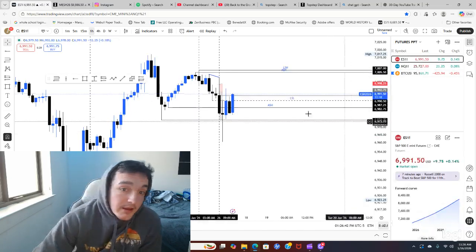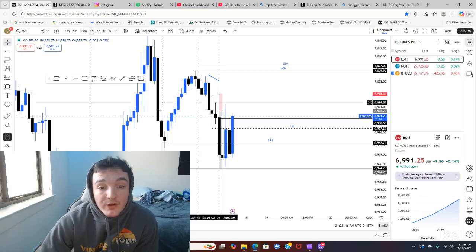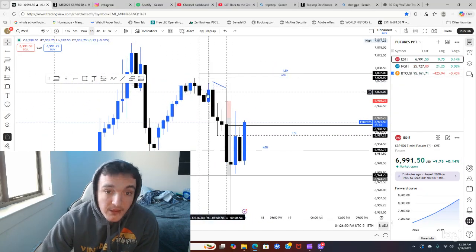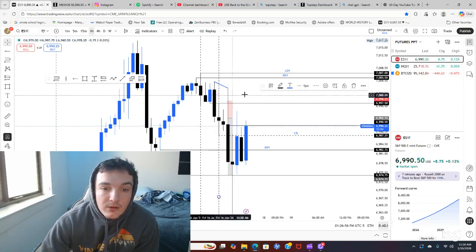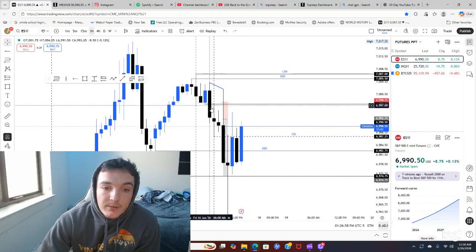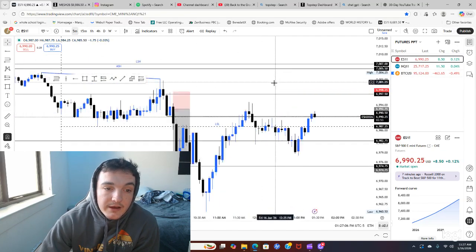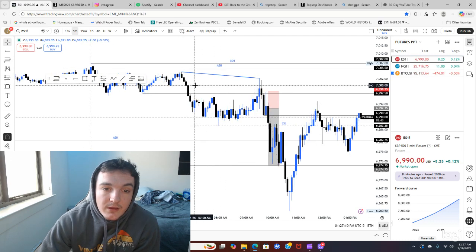And ES, however, we're in bullish market structure in Asia session. However, in London session, we break that trend. We break this most recent low, and then we start making lower lows and lower highs.